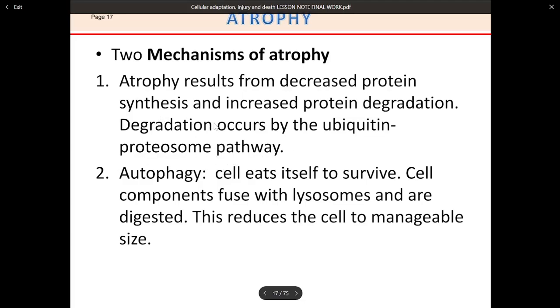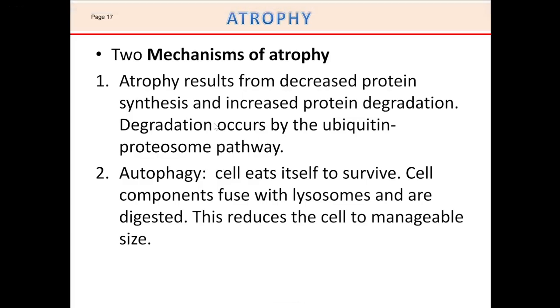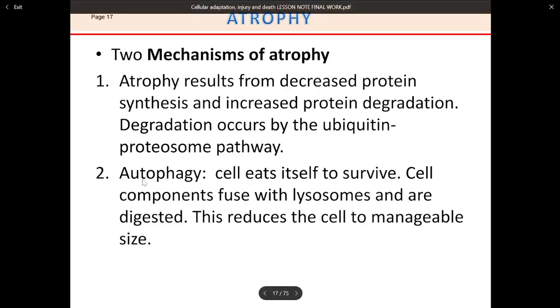The first mechanism is saying that atrophy occurs when there is decreased protein synthesis, or there's increased destruction of the proteins being produced. The pathway involved is the ubiquitin proteasome pathway.